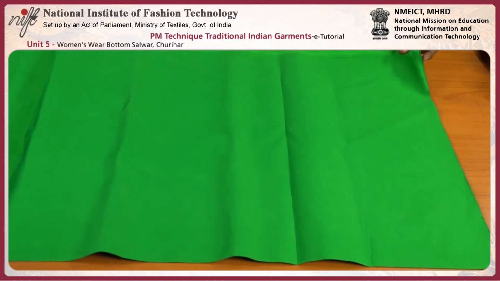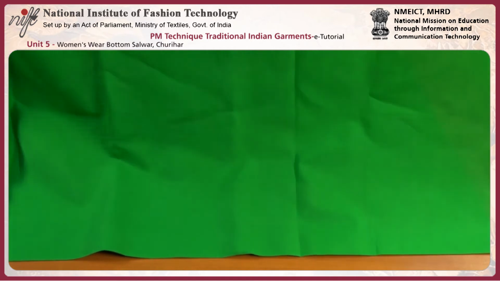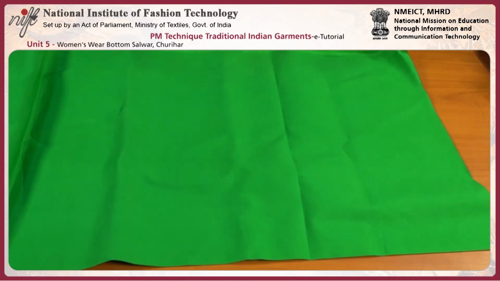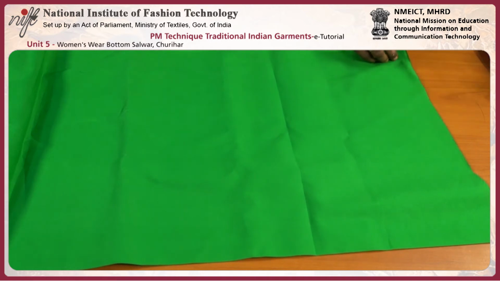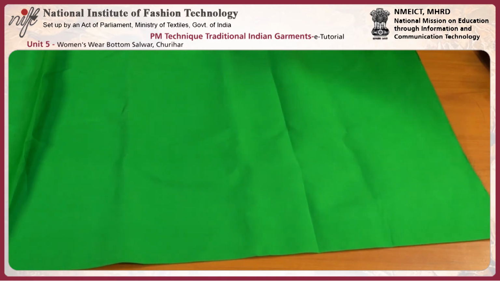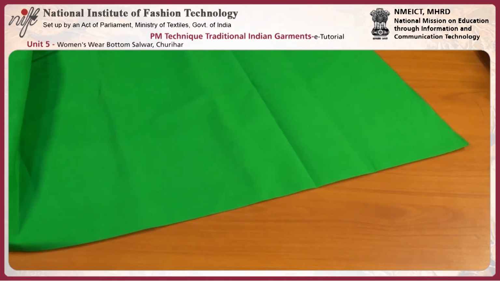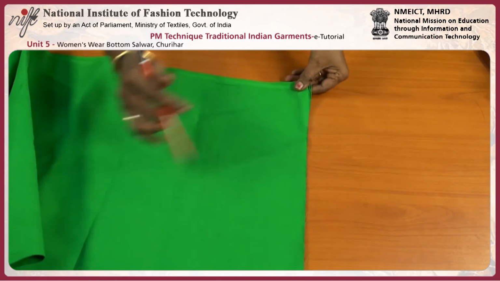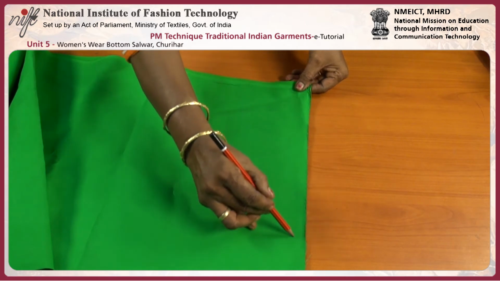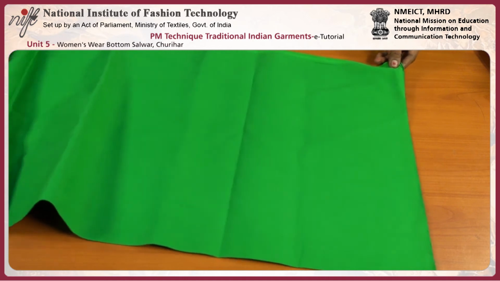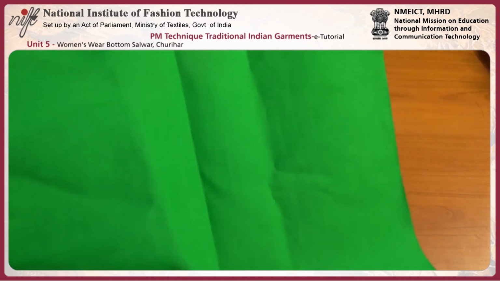So first you must take a fabric and match the selvage and the cross grain. Take the 2 pieces together, 2 selvage together, and do a stitch on this line. Then this has to be center fold.